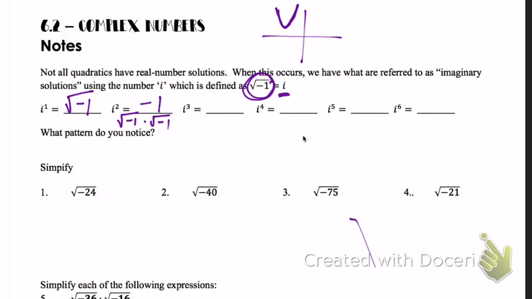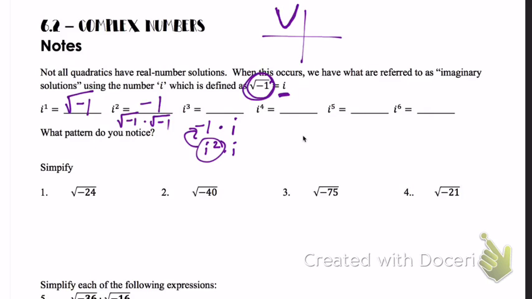Okay, if I say that i squared is -1, i cubed is like saying -1 times i. Because i cubed is like saying i squared times i. And i squared, I know, is -1.